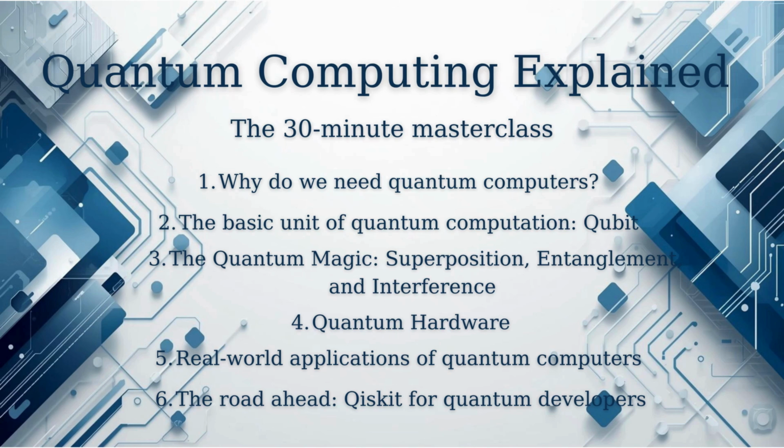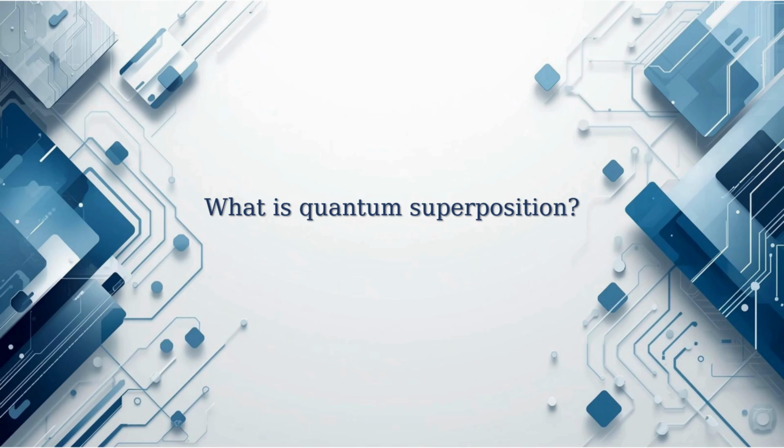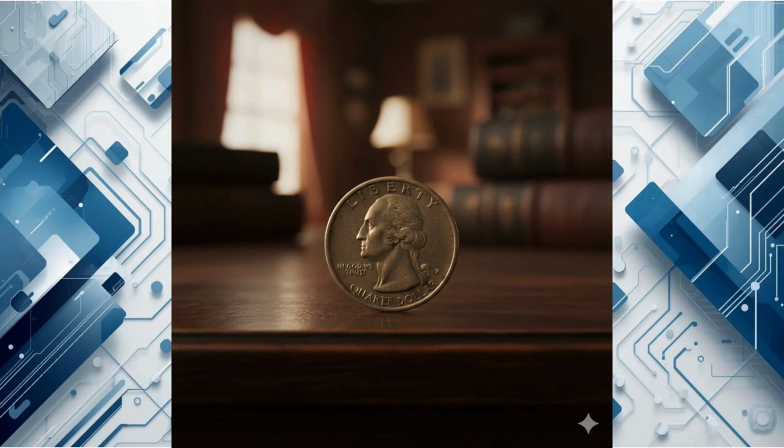Now, let's discuss what superposition, entanglement and interference are. What is quantum superposition? We already discussed what quantum superposition is with an analogy of a spinning coin.